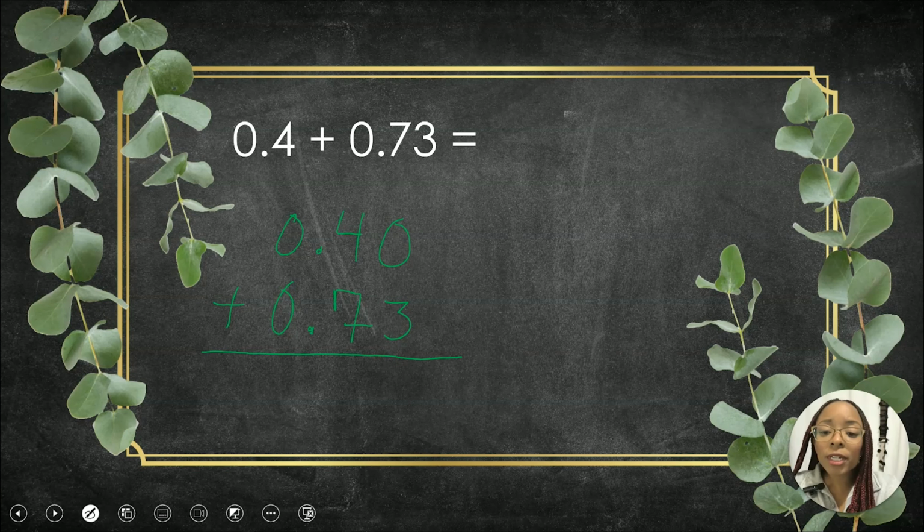So now we have 0.40 plus 0.73. 0 plus 3 is 3. 4 plus 7 is 11. And like normal, we're going to regroup. So now we have 1 plus 0 is 1. Our answer is going to be 1.13.